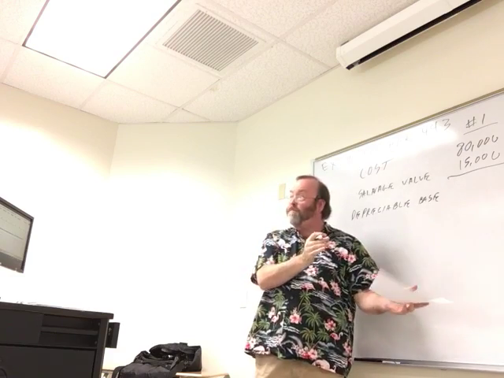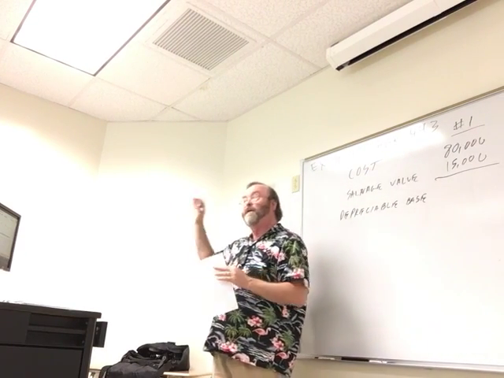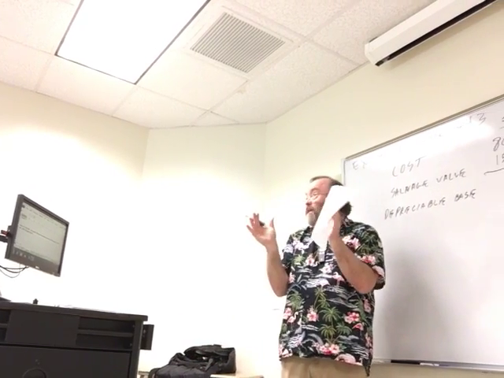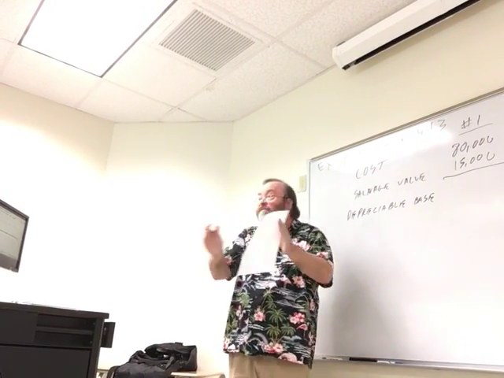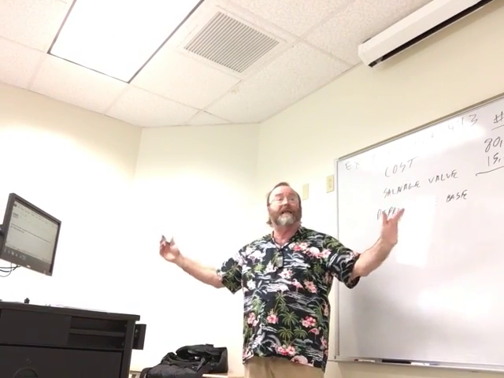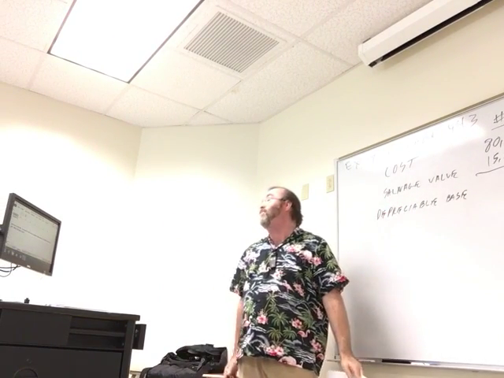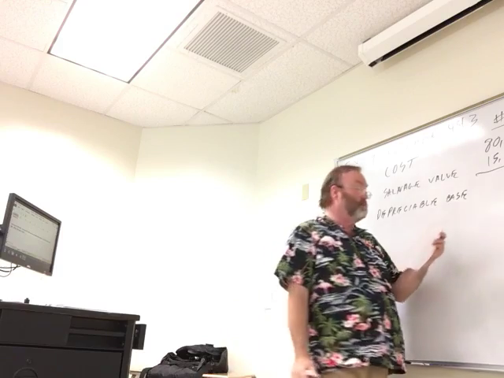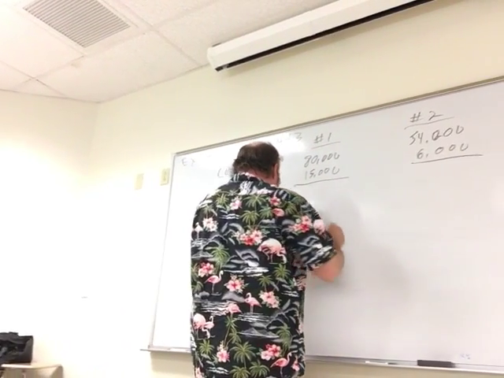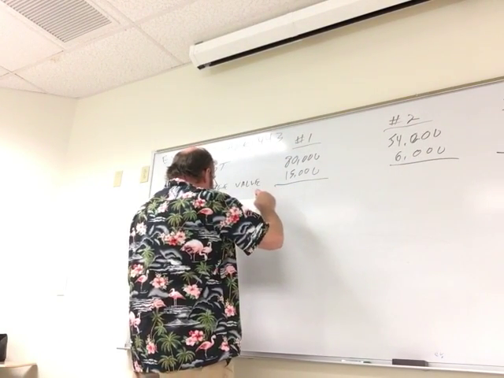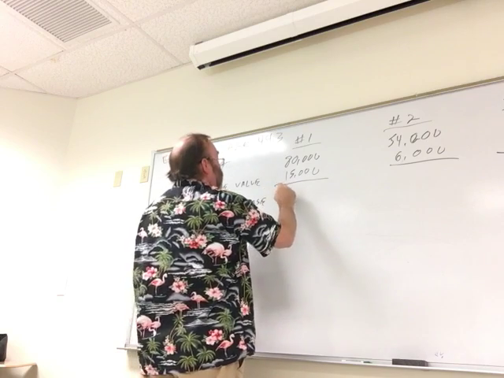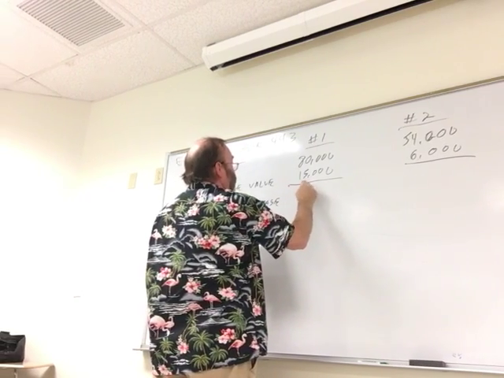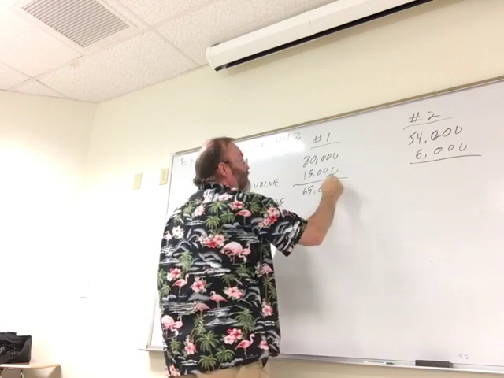Because you bought it for one price, you're going to be able to sell it when you're done with it for another price. So the net is what you need to evenly, somehow, systematically expense over the life of the asset. All right? So this one is $65,000.